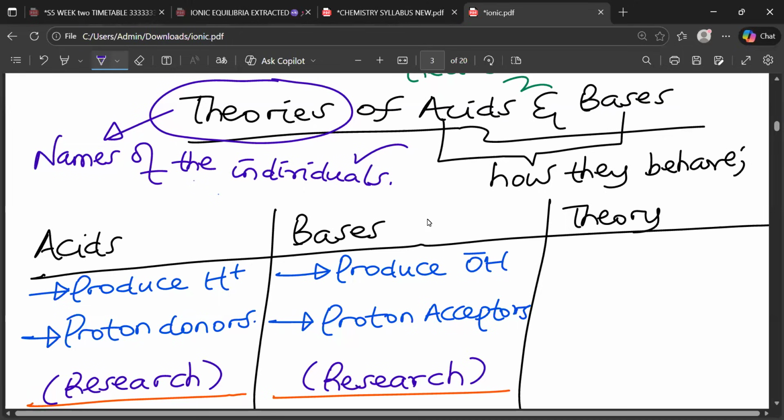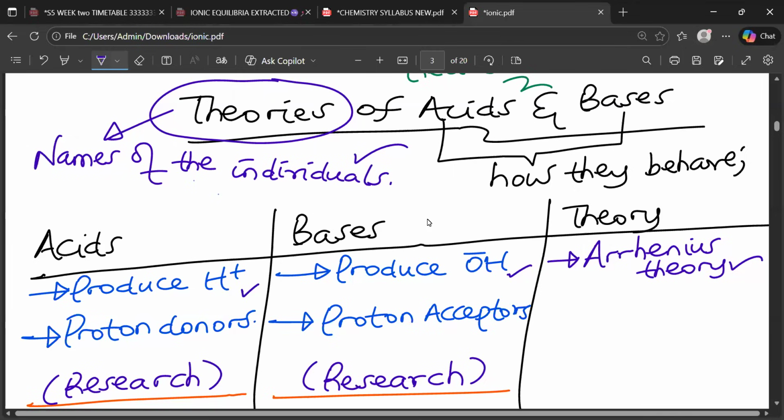Now, concerning the theory that was talking about hydrogen ion and the hydroxide ion, that one was known as the Arrhenius theory. We shall see the equations later.